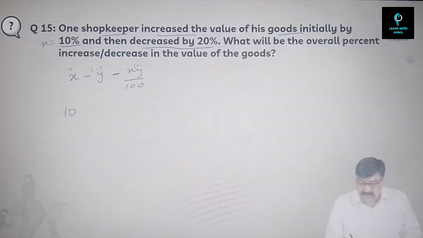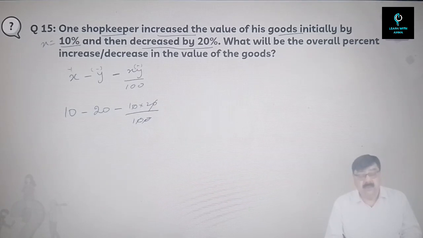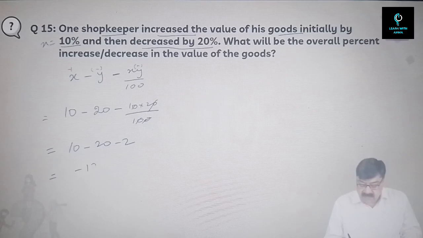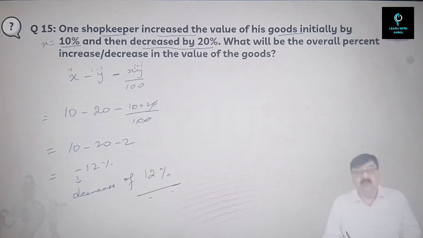So 10% increase and then 20% decrease, so minus 10 into 20 by 100, zeros get removed. So this shall be 10 minus 20 minus 2, which is minus 12%, and this indicates a decrease. So a decrease of 12% is what we get on the value of the goods.